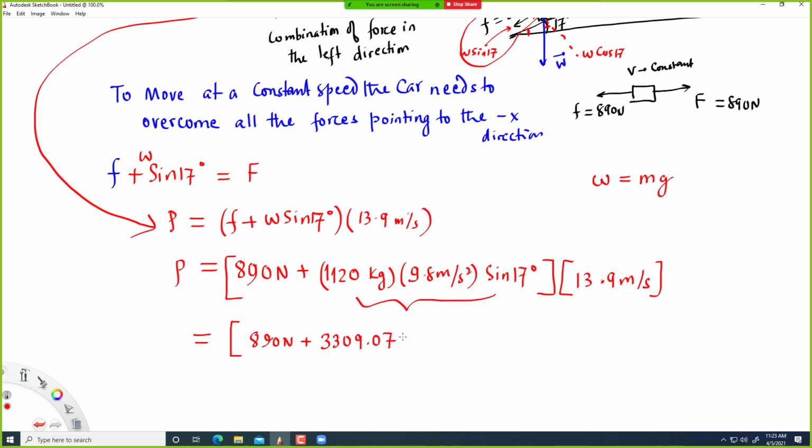Okay. So that's the weight you said? Yeah, with the sign. That's this whole thing, right? Not just the weight. And then do the math here. What do you get?